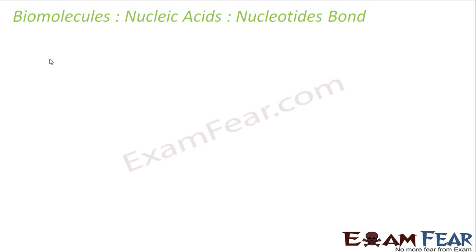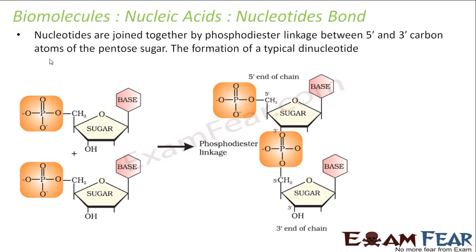So now we have a lot of nucleotides. Now we have to form a chain of nucleotides, so there has to be a bond which connects these nucleotides. So we'll talk about the nucleotide bond. All these nucleotides are joined together by phosphodiester linkage. This is my phosphodiester linkage between carbon 5 and carbon 3.